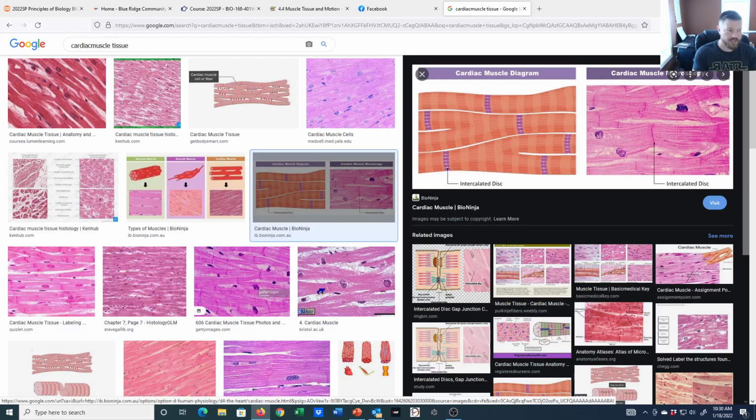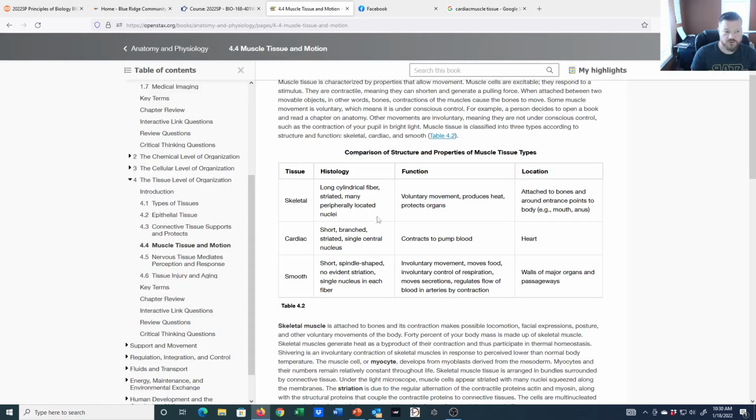There's the micrograph of them. It's a special way for those cells to join together to allow the heart to beat in unison. And then are cardiac muscle tissues voluntary or involuntary? They're involuntary, right? Thankfully for us, we don't have to think about our heart beating, right?